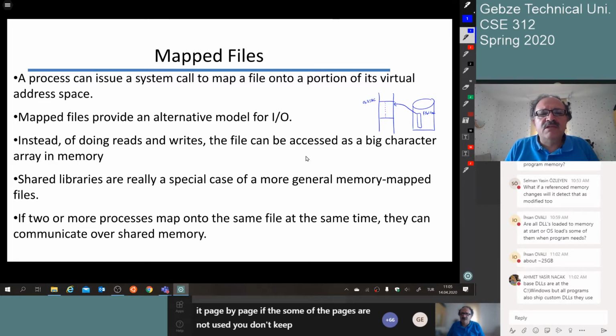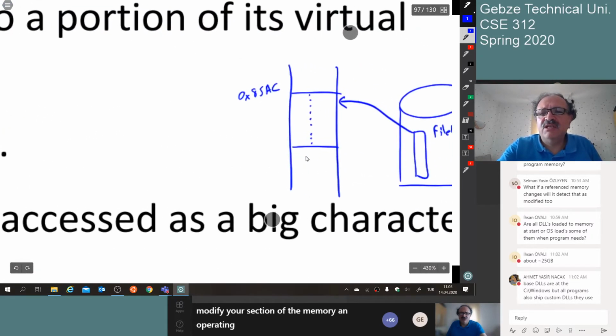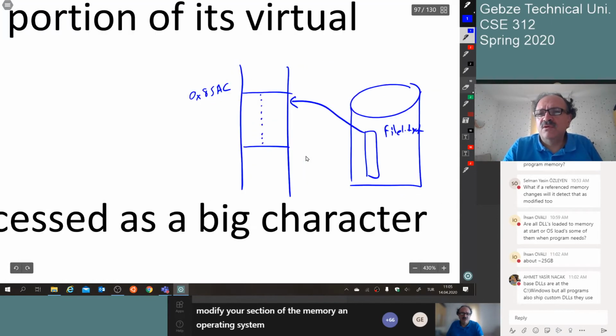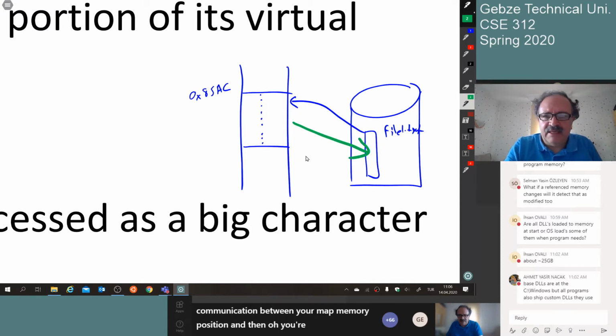Okay, so this is one way of doing input output actually. Instead of going to the disk, opening a file and closing it and appending and doing that kind of stuff, you modify your section of the memory, and the operating system handles the communication between your mapped memory position and the file itself.